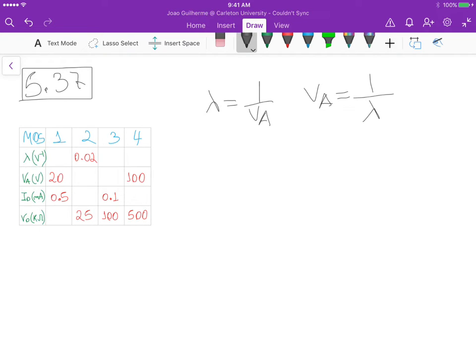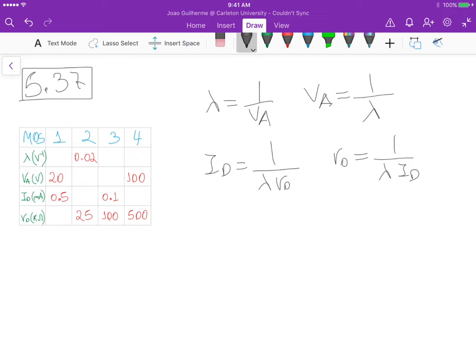We also have an equation that gives us ID: ID is equal to 1 over lambda times the output resistance, which gives us R0, the output resistance, equal to 1 over the channel modulation parameter times the current. Don't forget that lambda is in reciprocal volts, the early voltage is in volts, the current is in milliamps, and the resistance is in kilo ohms.